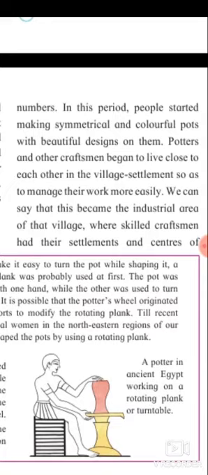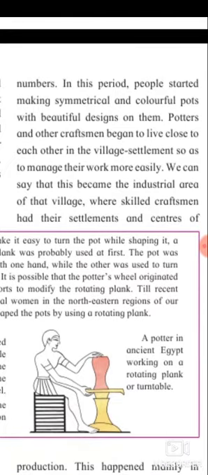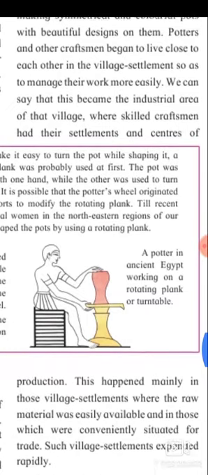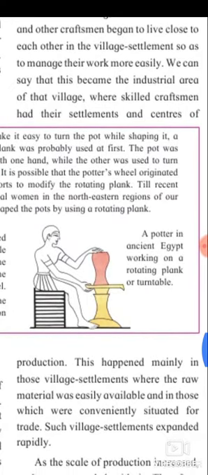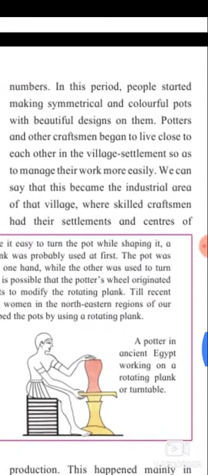We can say that this became the industrial area of the village, where skilled craftsmen had their settlements and centers of production. That area is called the industrial area, where skilled craftsmen created the pots.